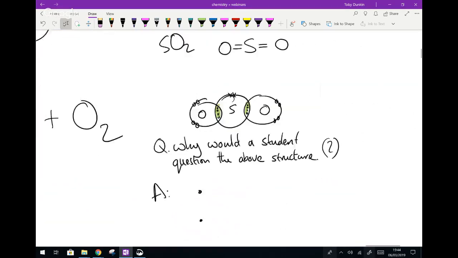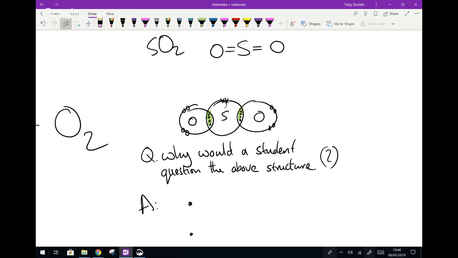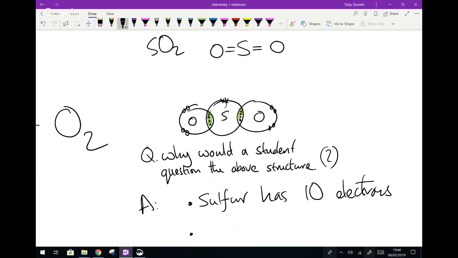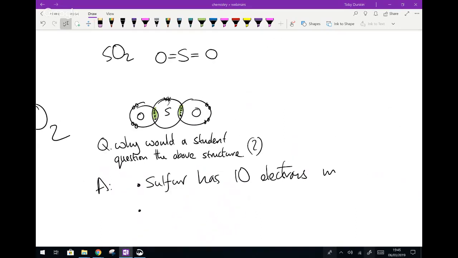Right. Sulfur dioxide. Why would a student question the above structure? First bullet point: sulfur has 10 electrons in its outer shell. Guys, that's not normal. Not at GCSE, it isn't. We know the first shell holds 2, the second shell holds 8, the third shell holds 8.